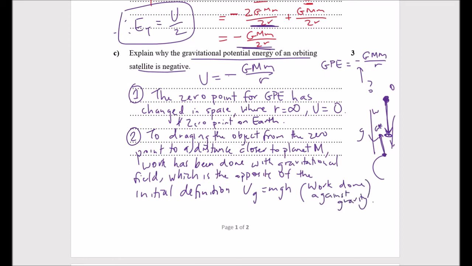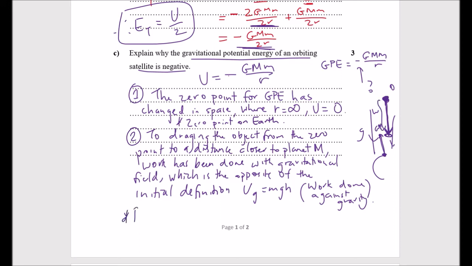A little additional way you can explain it is if you're going from a zero point and dragging it closer and closer towards Earth, going from a really far orbit to a low orbit, it's gaining kinetic energy and losing gravitational potential.